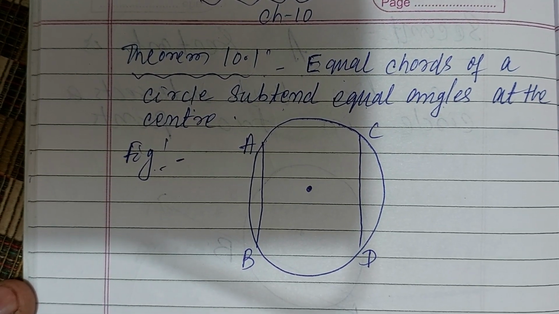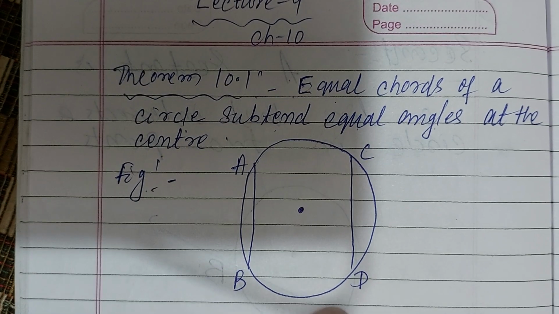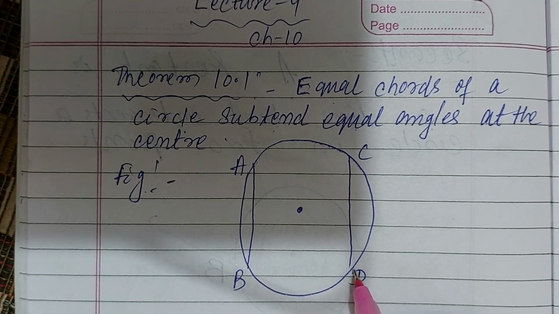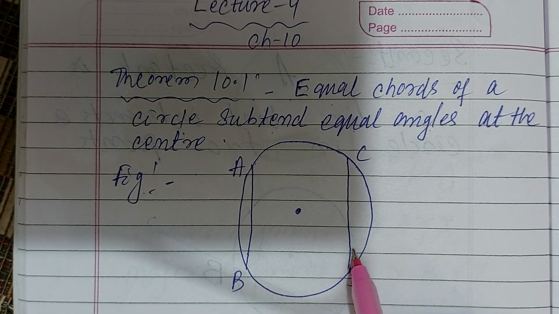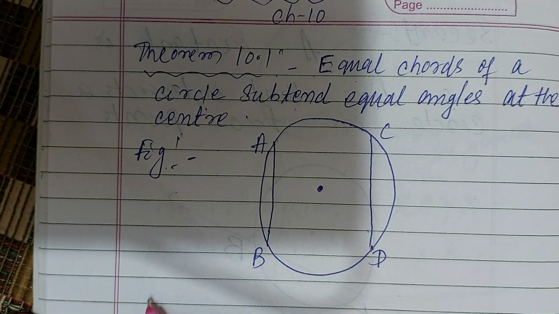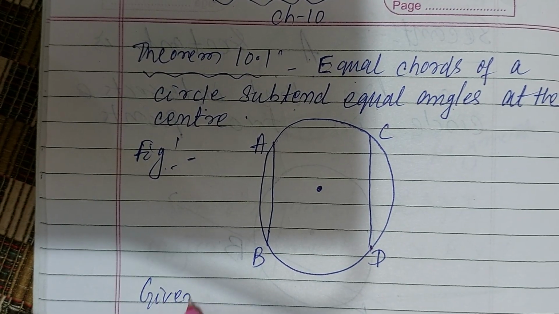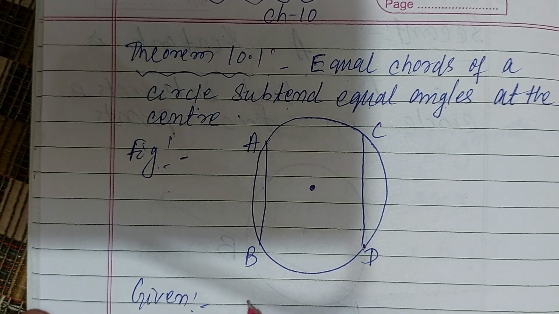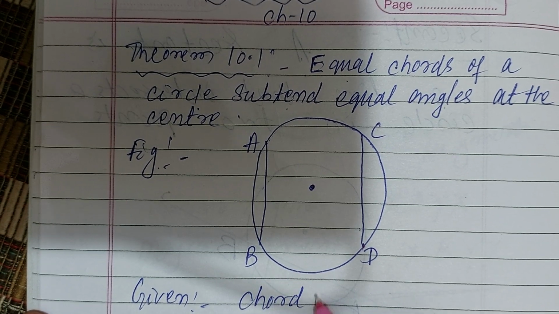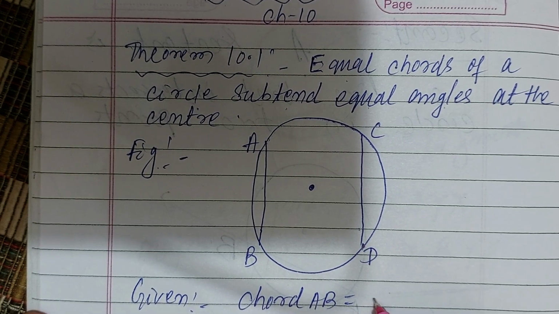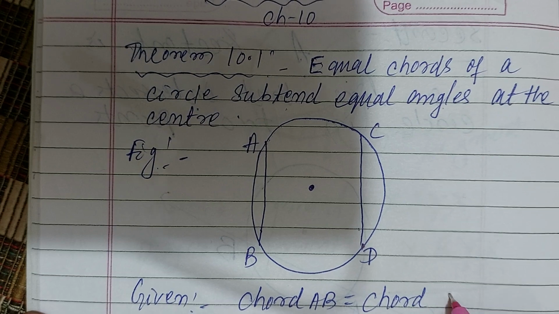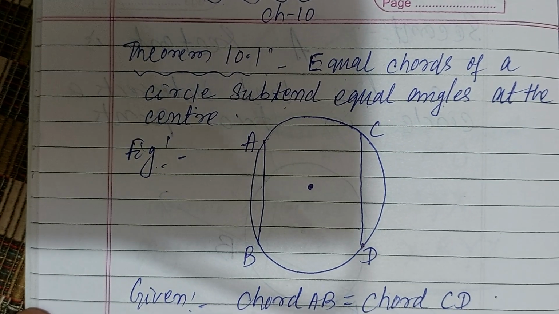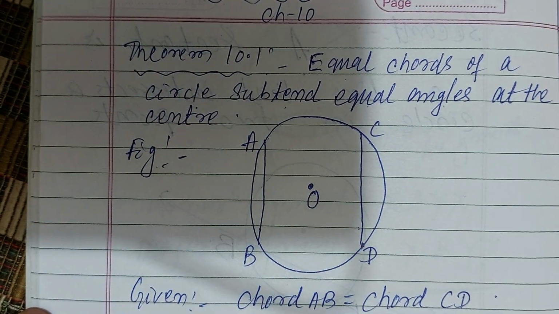To prove this theorem we take at least two chords here. Here chord AB is equal to chord CD. So given that chord AB is equal to chord CD, right? Here O is the center of the circle.